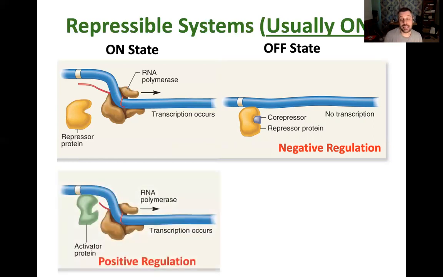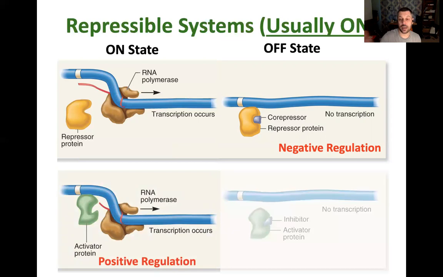A similar idea can happen in repressible systems as in inducible systems when it comes to positive regulation as well. That is, an activator is normally bound to this protein, recruiting RNA polymerase, allowing it to transcribe this gene.